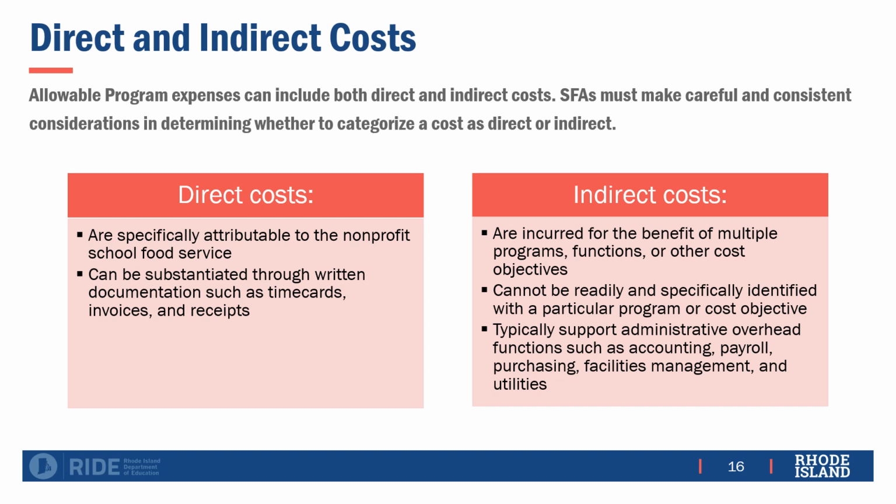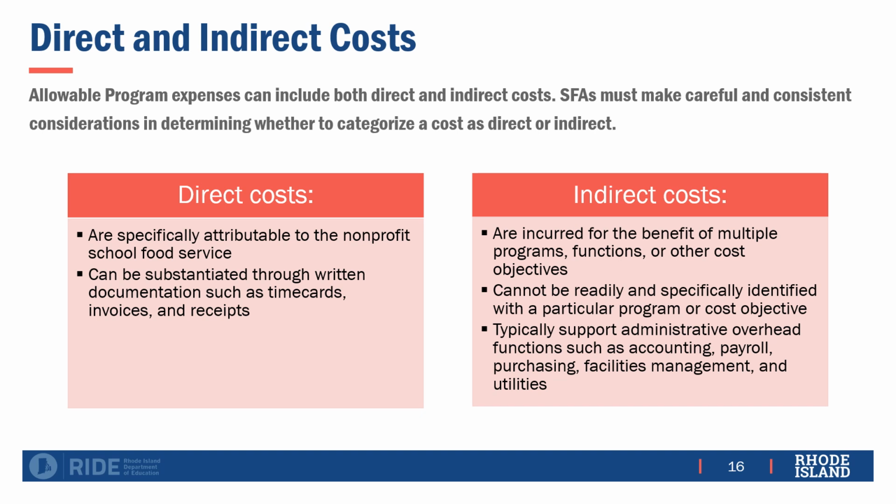Indirect costs are those expenses which are incurred for the benefit of multiple programs, including the school nutrition program, and which cannot be readily and specifically identified with a particular program or cost objective. Indirect costs typically support administrative overhead functions such as accounting, payroll, purchasing, facilities management, and utilities.